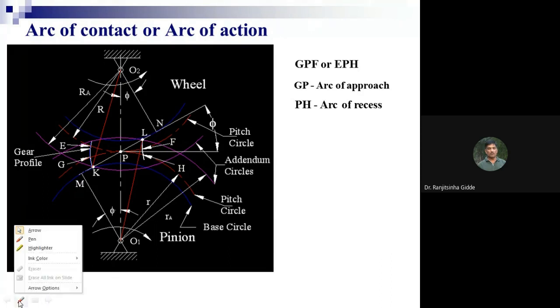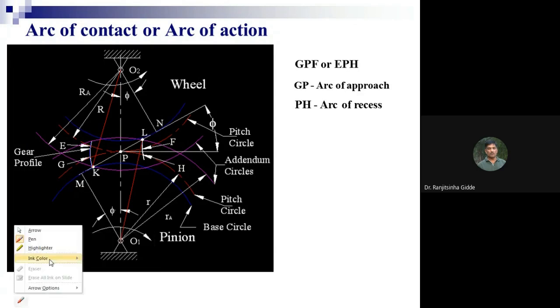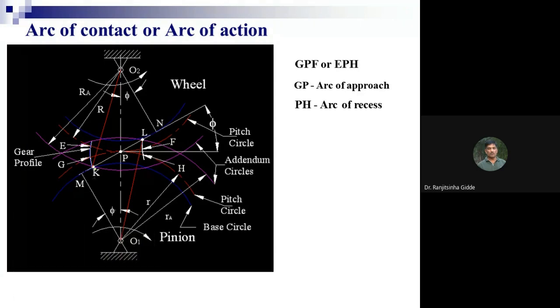So check here. So this is G point. It is on the pitch circle of the pinion, and this is F point. It is on the pitch circle of the wheel.